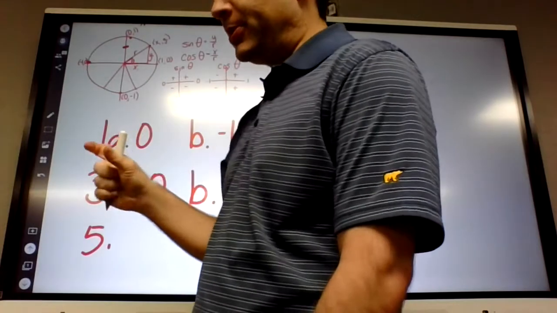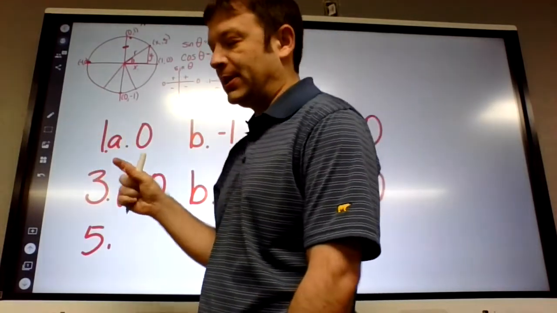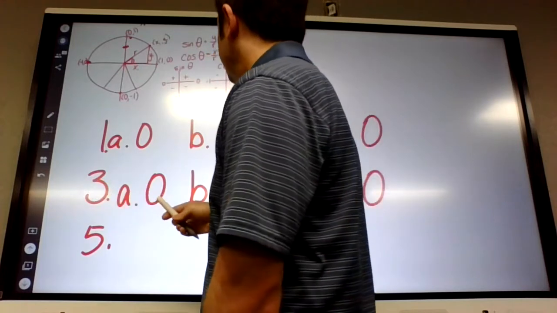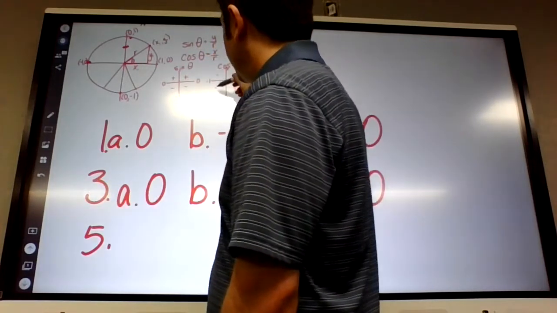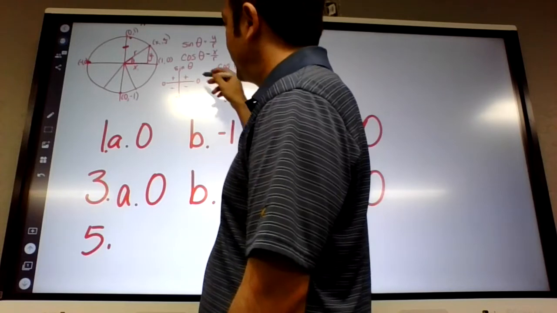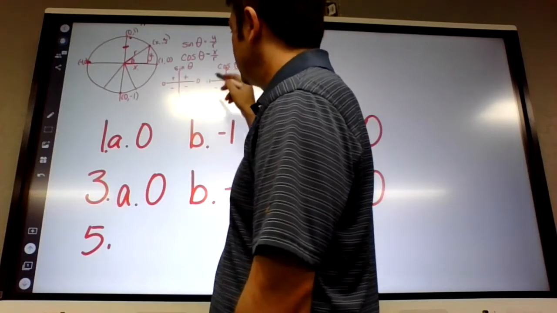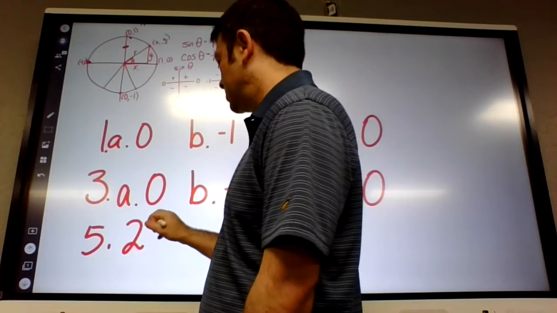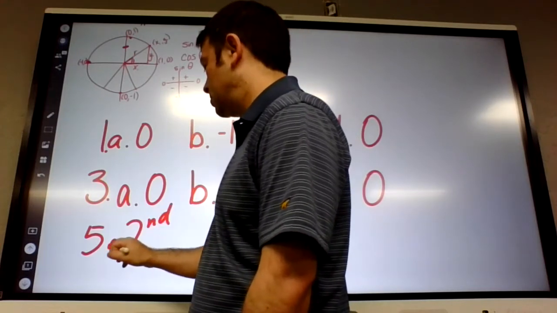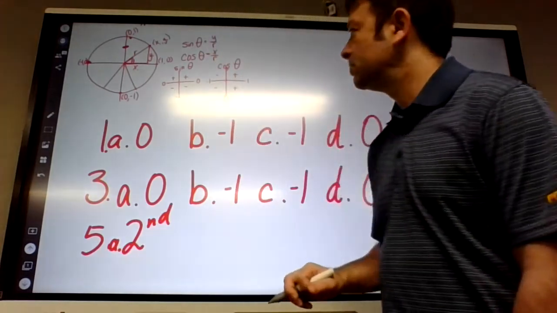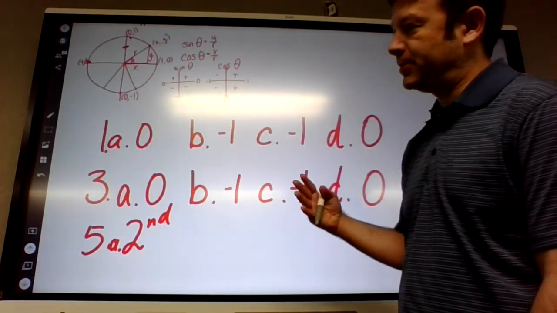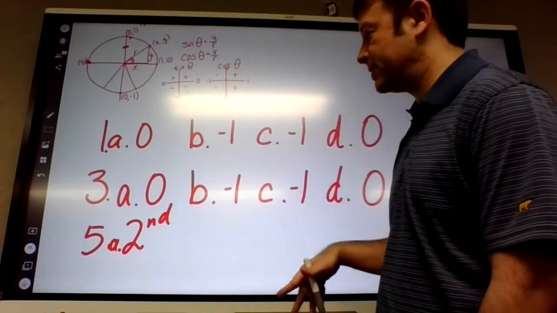So where is sine positive, 1 or 2, and cosine less than 0, negative? Where's cosine negative? 2 and 3. So where's both of them? Positive, negative? What quadrant would that be? Sine was positive on the top, cosine's negative on the left, so it's the top left quadrant.